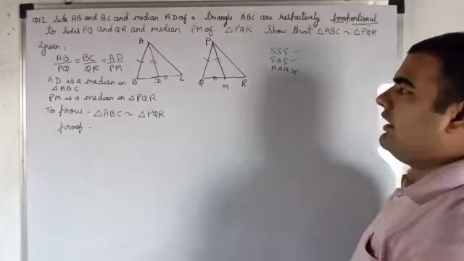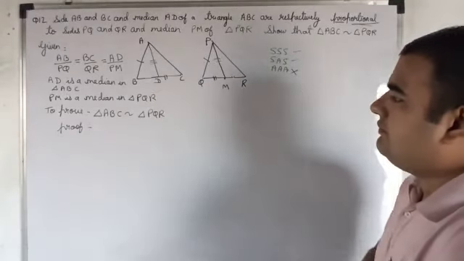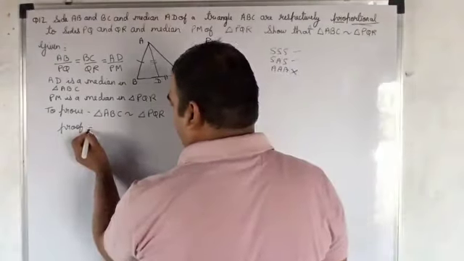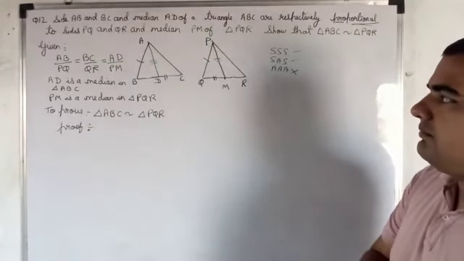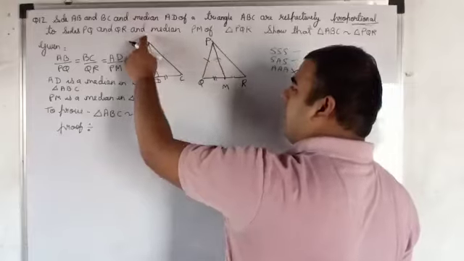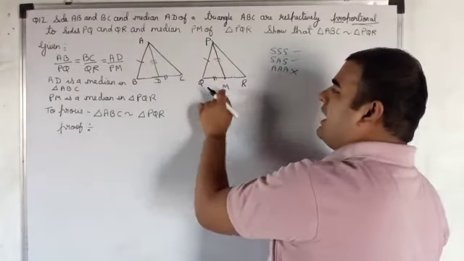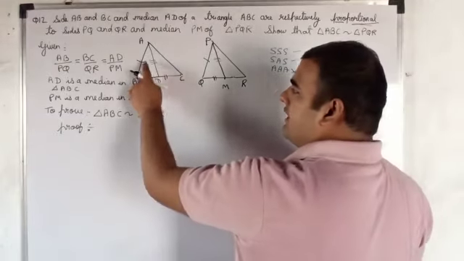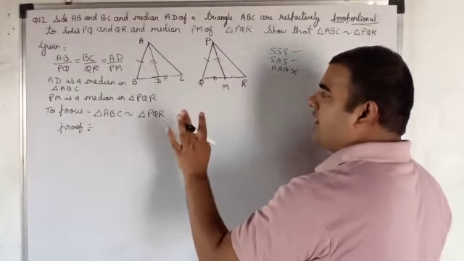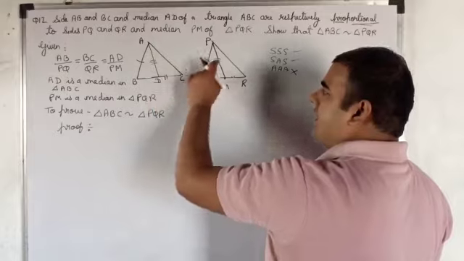Okay. Right. Now, see what we need to do. We have to show these triangles ABD and PQM are similar by some criteria. How? See, AB and PQ are in proportion, AD and PM.